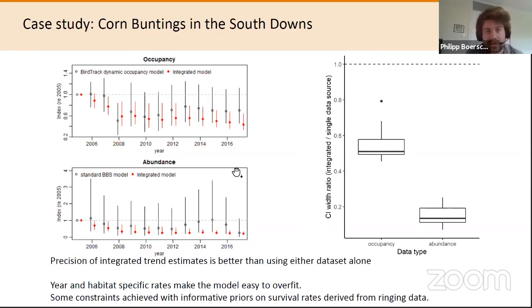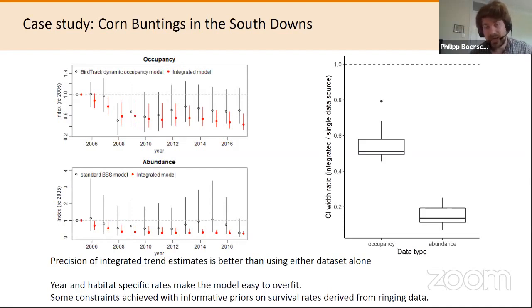So the integrated model is the red trajectories for occupancy and abundance, respectively, compared to what would happen if we only had either of the data sources in black. And we have a quarter of the confidence interval width when we integrate the data sources. So we get a much more precise estimate of the population trend.